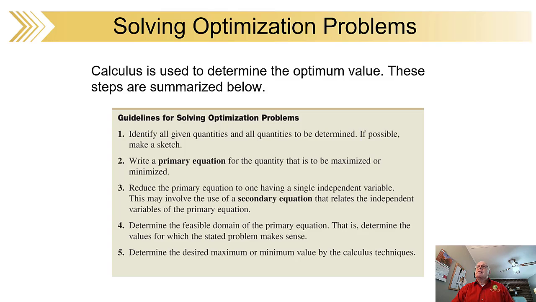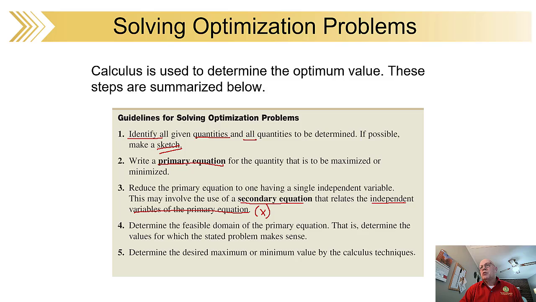So here's some guidelines. You might not need these, or you might need these for a little bit until you get familiar with these problems trying to optimize. So first of all, what are the quantities we're working with? Make sure you get all the quantities. A sketch is always a good idea if possible. Write down the primary equation, and then if you have a secondary equation, solve that for the independent variable of the primary.